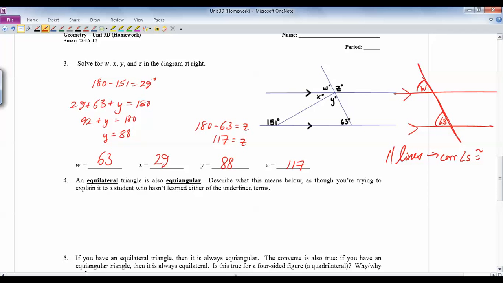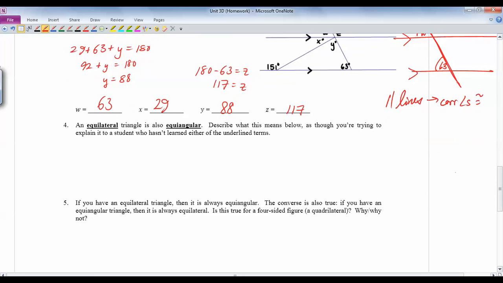Okay, number 4. An equilateral triangle is also equiangular. Equilateral means all sides are equal, and equiangular means all angles are equal.